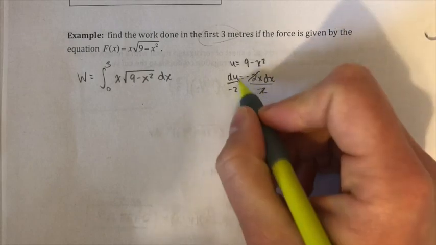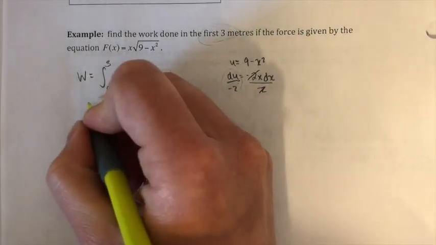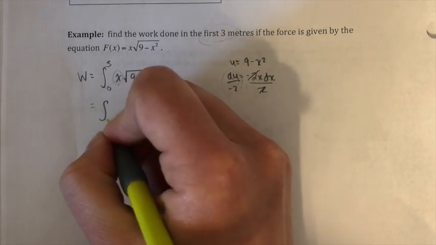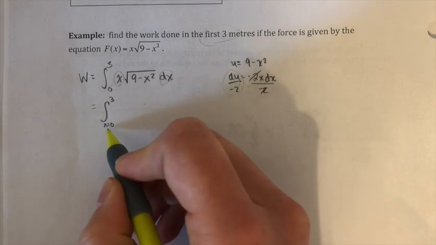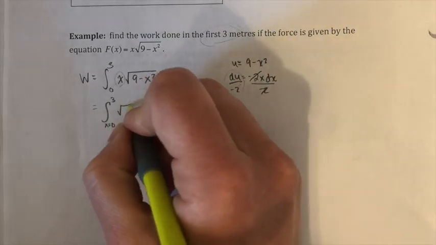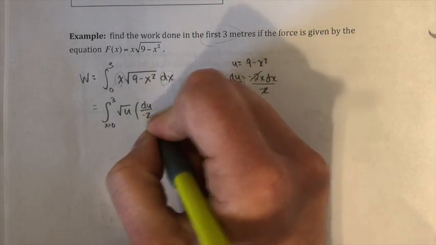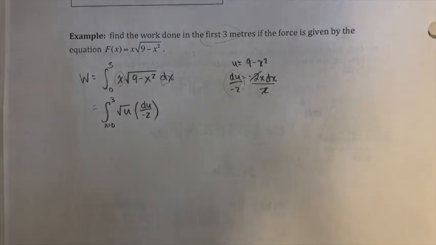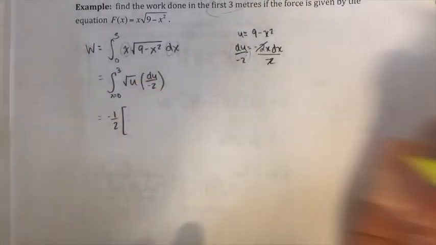And so this can go in for this x and dx here. So this is going to be the integral when x is equal to 0 to 3. Remember, we can't plug these in for u because our variable has changed. So it's going to be root u times du over negative 2. So that negative 1/2 can come out in front.